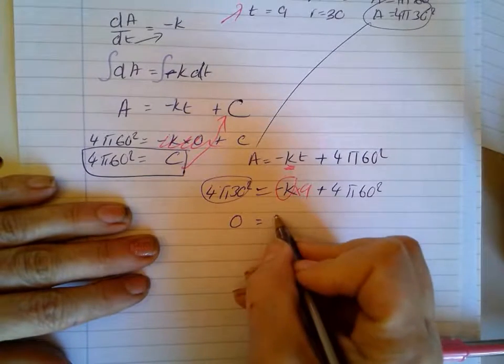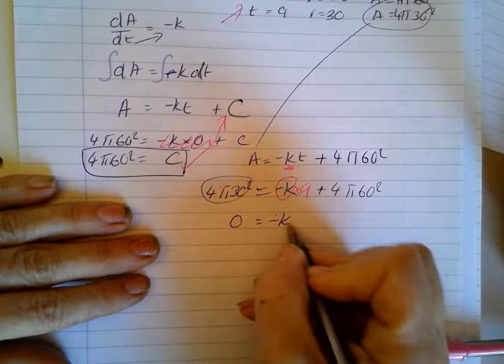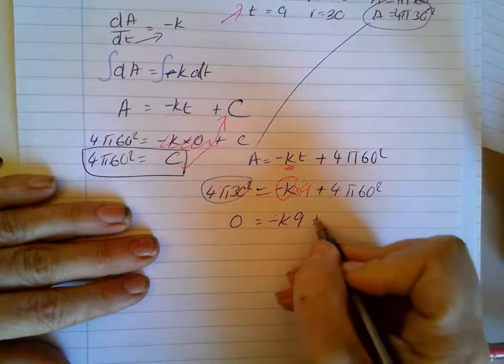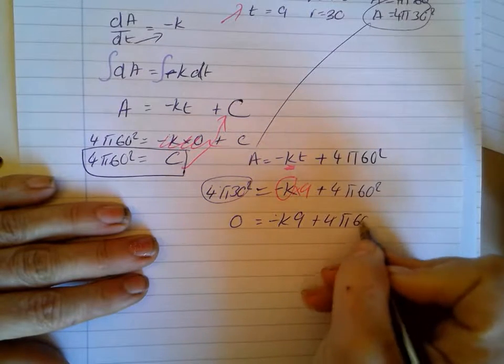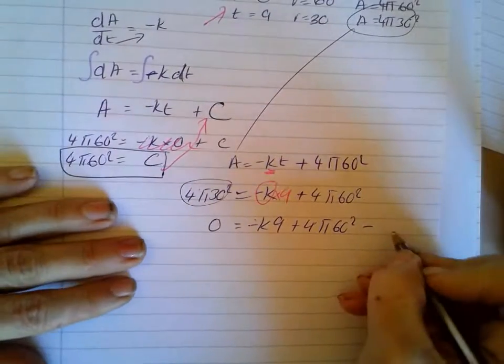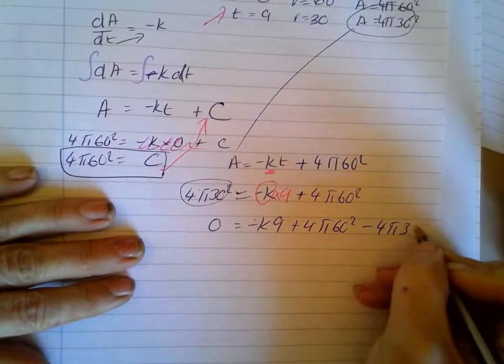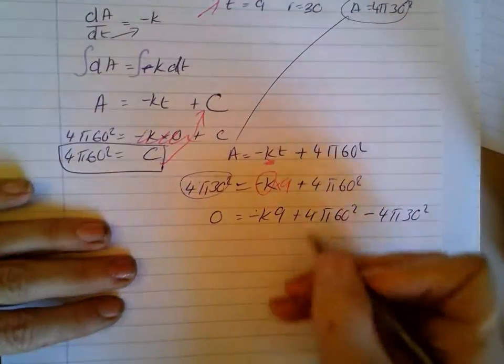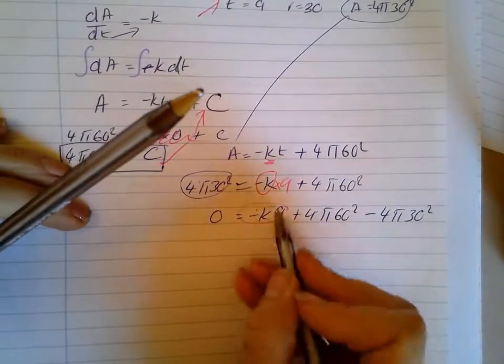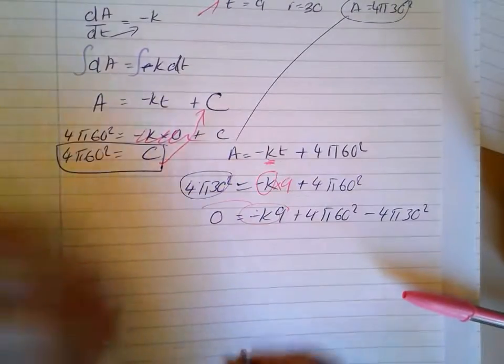So nothing equals minus k times 9 plus 4 pi 60 squared minus 4 pi 30 squared. Then I'll get this over here because I want to get k on its own.